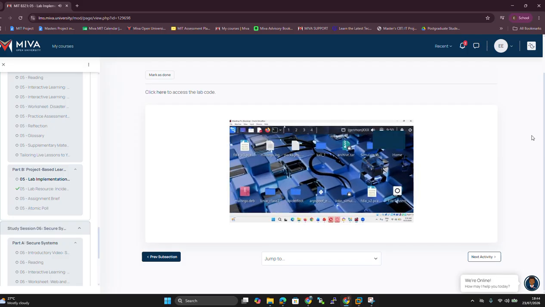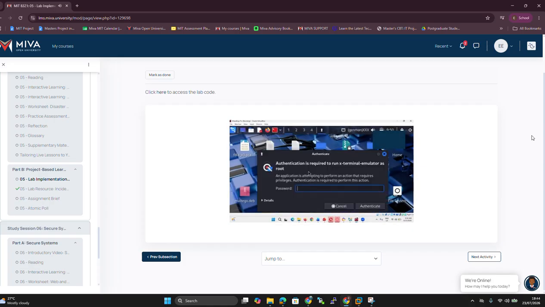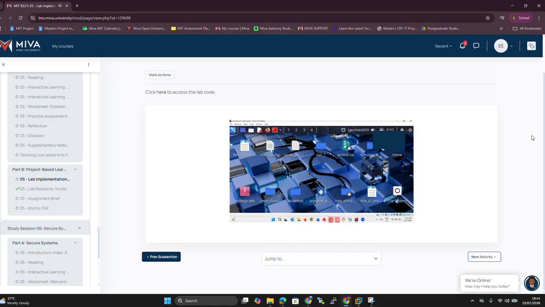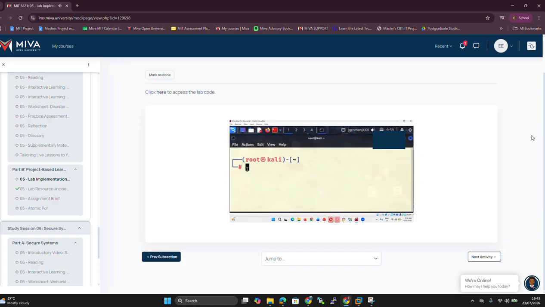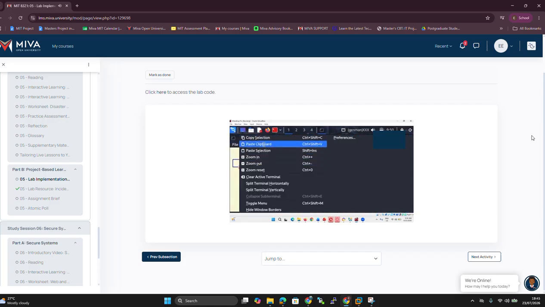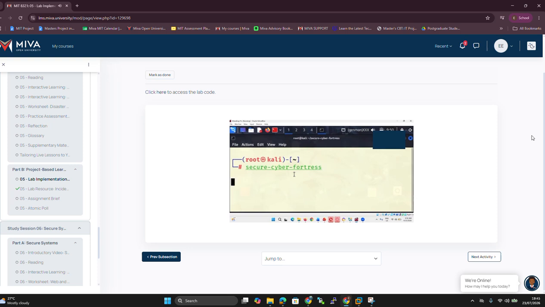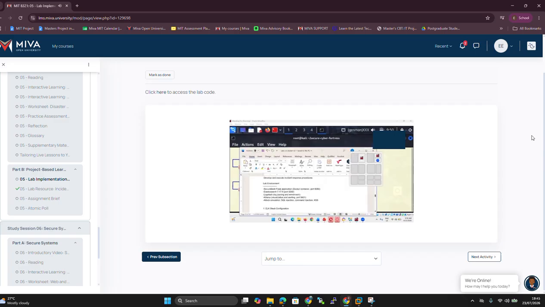Okay. So I open my terminal, log in. Okay, so I'm going to paste what I copied, paste clipboard, and then I'm into the project right now. Back to the scripts.